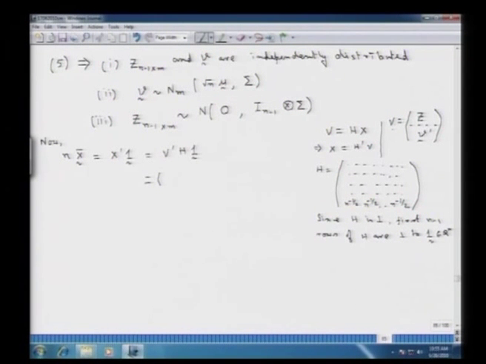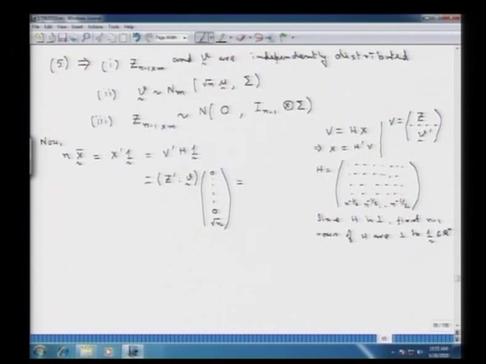So that this V transpose would be Z transpose augmented with this V vector, and then this H times 1 is going to give us this vector which is 0 on the first n minus 1 entries, and the last entry is going to be this row multiplied by a 1 column. So we will have n multiplied by n to the power minus half, and that is just equal to this term.